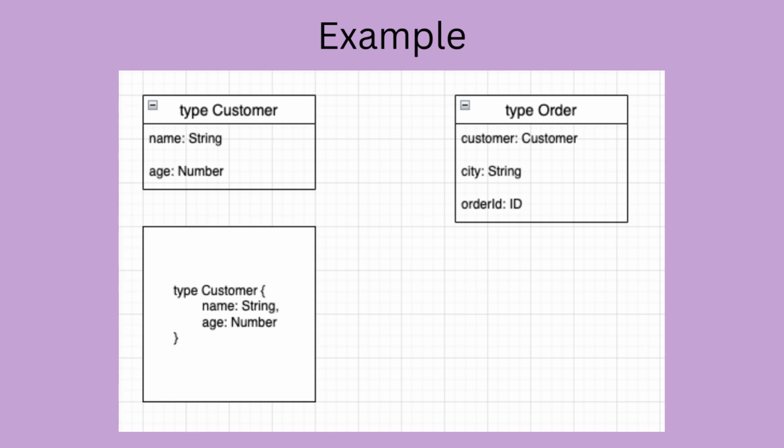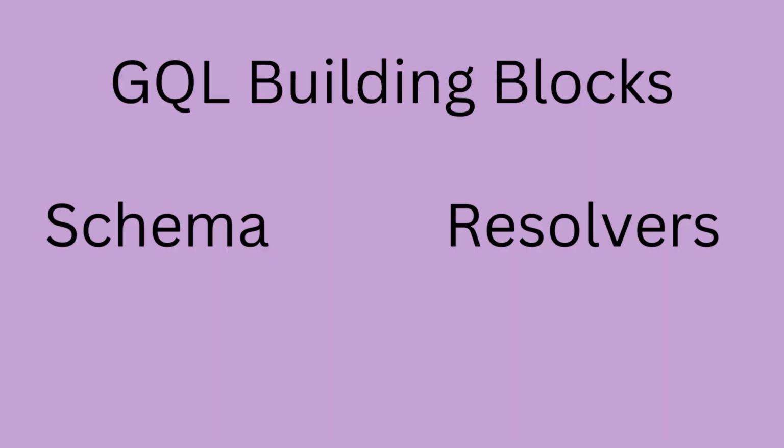But how do you get the data? From where will you get the data for this customer? You may have a database, you may have an API, and the way you get that data is defined by your resolvers. So your resolvers actually give you the data for a particular schema type.